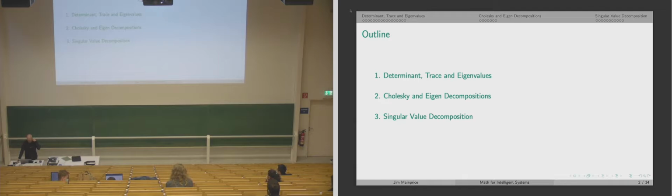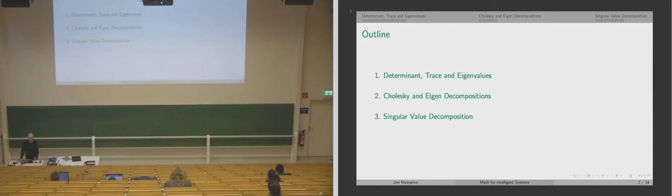All right, so we're going to see that. We're not going to go super deep into that, but we're going to see the basics of how to do that. And once you have the eigenvalues, you can get the eigen decomposition, which is a type of matrix decomposition, and then the singular value decomposition, which is generalizing the eigen decomposition, because the eigen decomposition only works for square matrices, whereas the singular value decomposition works for all matrices.